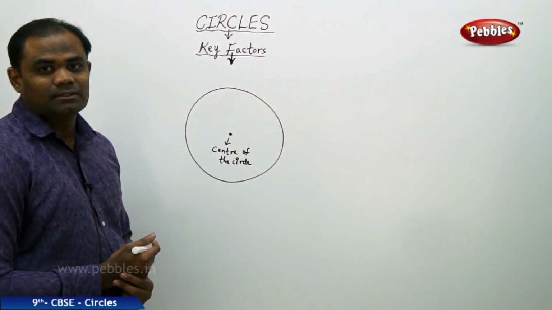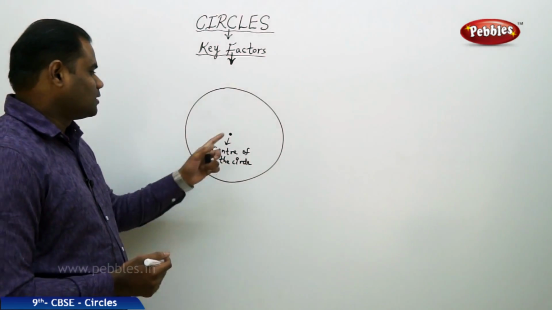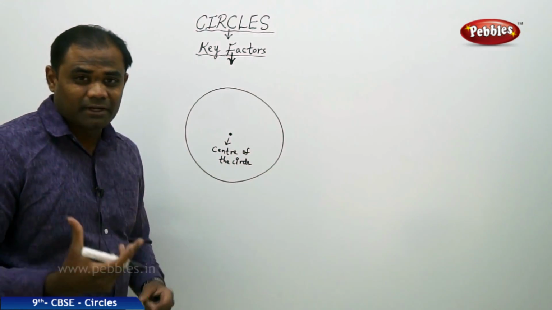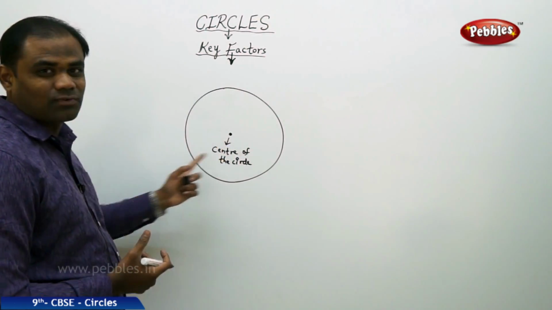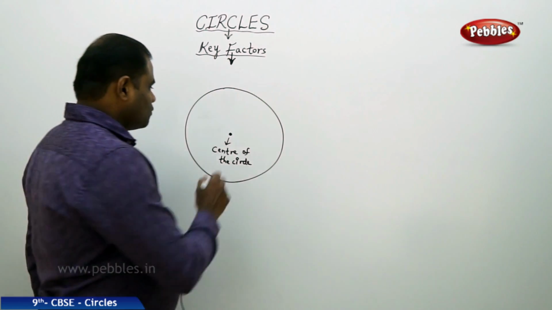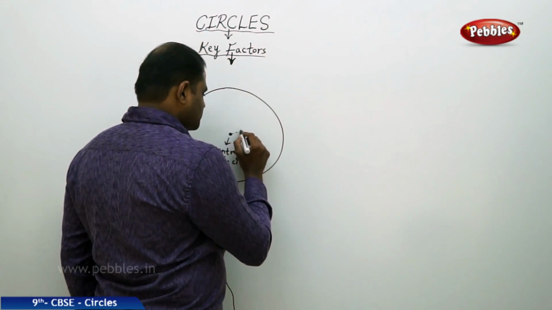Next comes the fixed distance. Now the second property we have identified in the mathematical definition is that this point is at equal distances from any point on the circle. So what is that equal distance called?